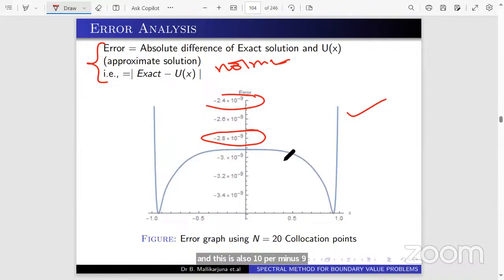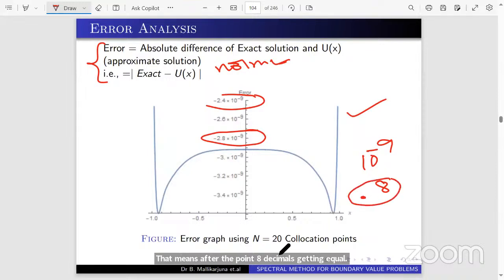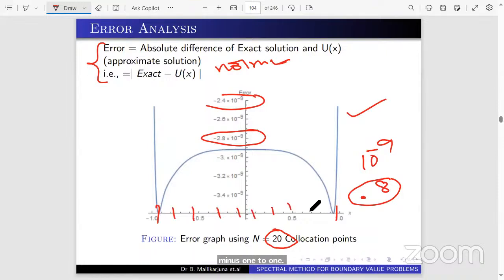On an average it is giving 10 power minus 9 accuracy. That means after the decimal point, 8 decimals are equal to the exact solution, by considering only 20 collocation points. That means in between -1 to 1, we are taking only 20 partitions.